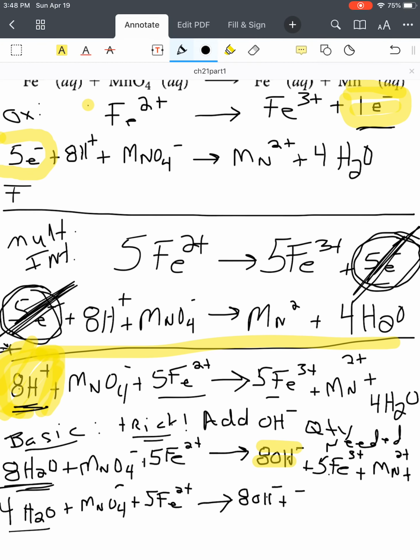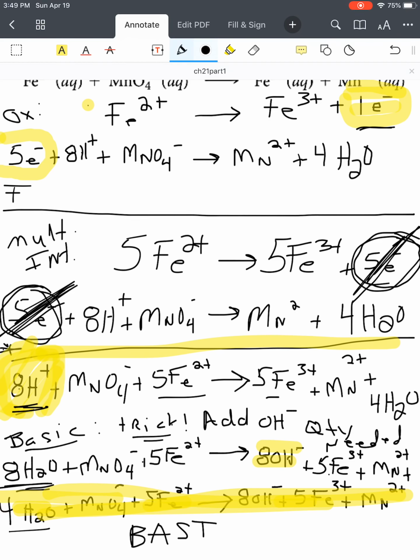So my 8 hydroxide, my 5 Fe3 plus, my manganese 2 plus, all of that comes down, and now my 4 water is gone, right? So then this would be my accepted answer for basic solution.